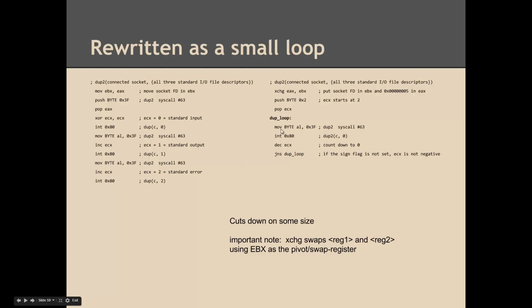So once we've entered the loop, each time we call, the system call is going to trash EAX. So we have to set that up. We call the system call, it's going to be dup2 with ECX at 2 for the first one.